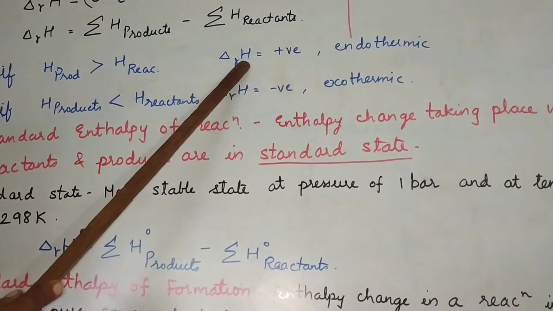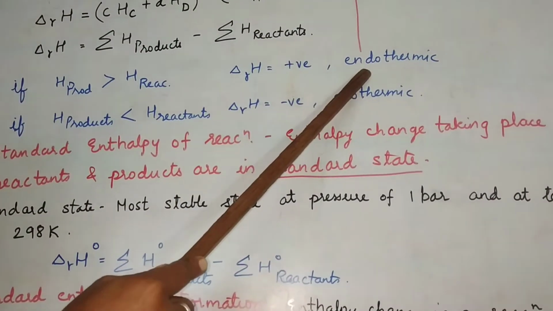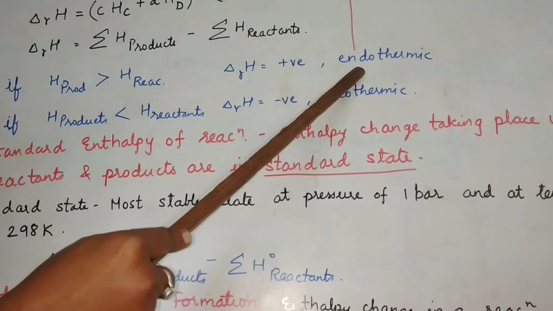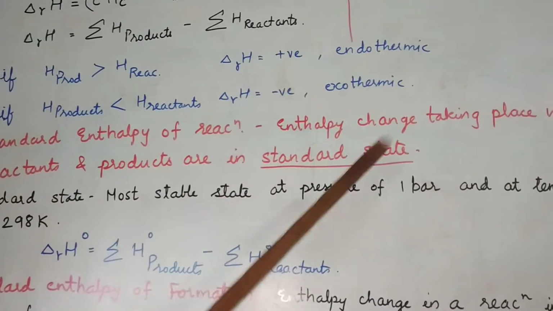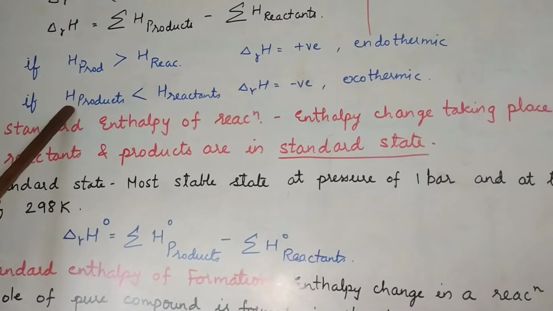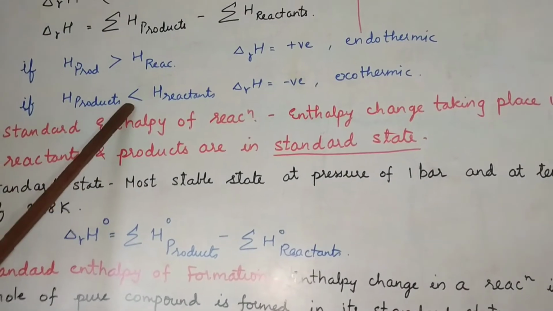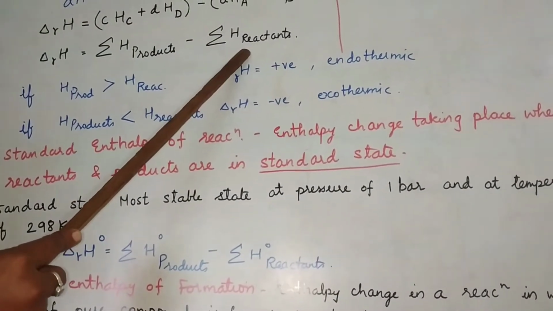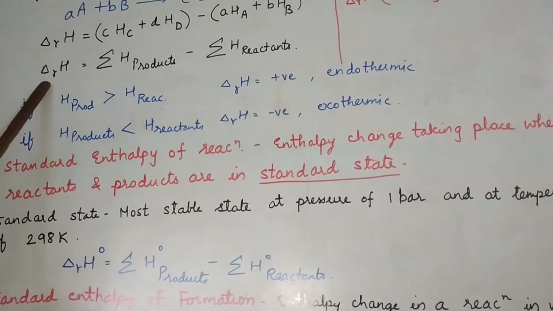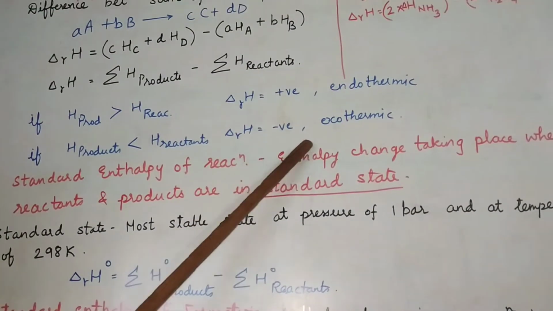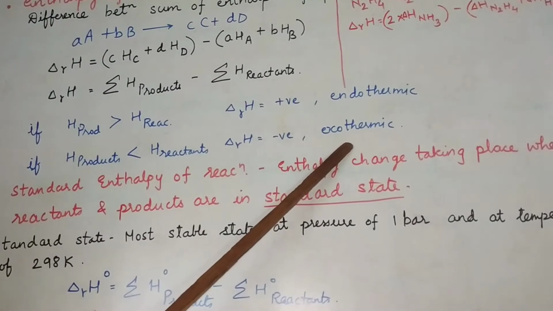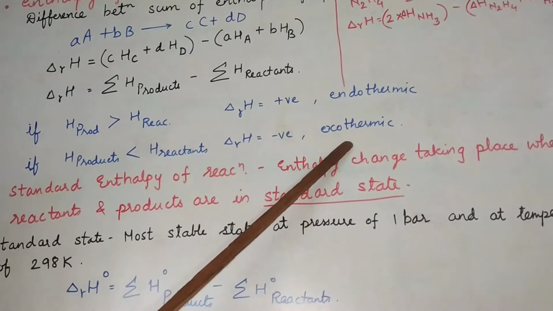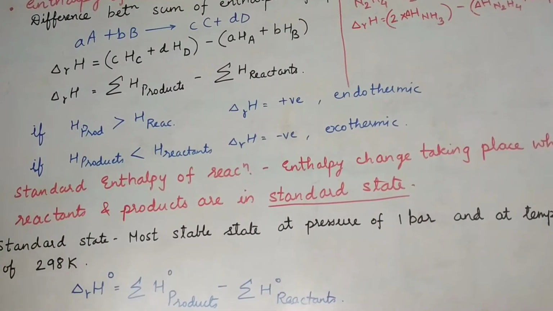So delta H for the reaction will be positive and that reaction will be endothermic. Delta H with a plus sign is an endothermic reaction. And if the enthalpy of the products is found to be less than the reactant enthalpy, then delta H of the reaction will be negative and the reaction would be said to be exothermic. So I think this concept will be quite clear to you.